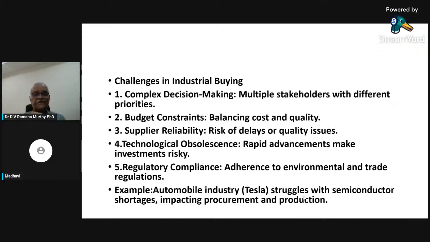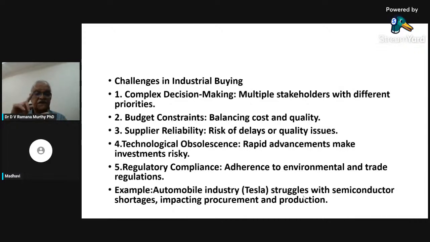Third, supply reliability. There is no need for me to talk more about it, because we already talked about this. The risk of delays or quality issues, because in case the supplier has some quality issues or time of delivery problems, your entire manufacturing process will derail, and your final product will become almost a bad product in the market.